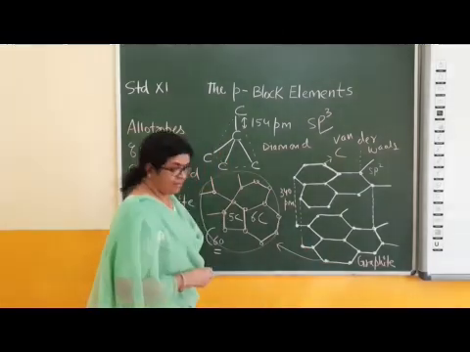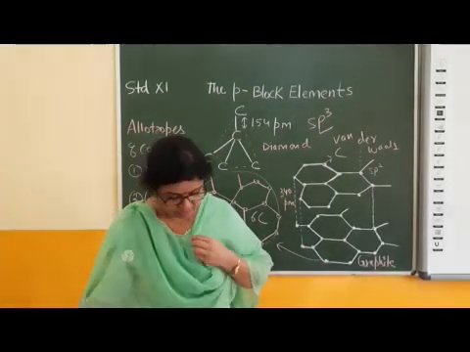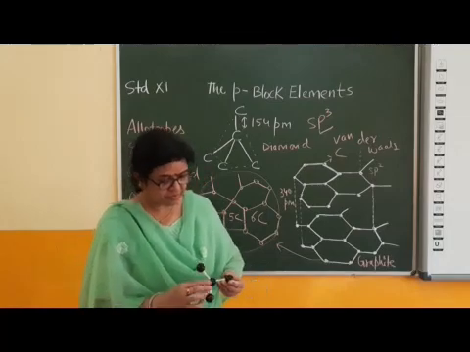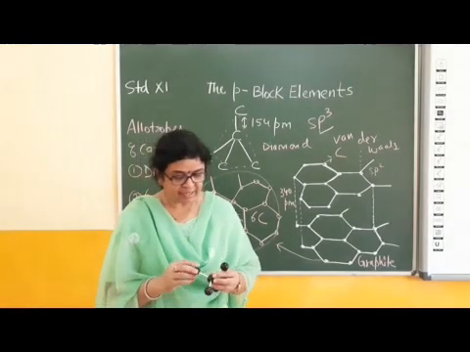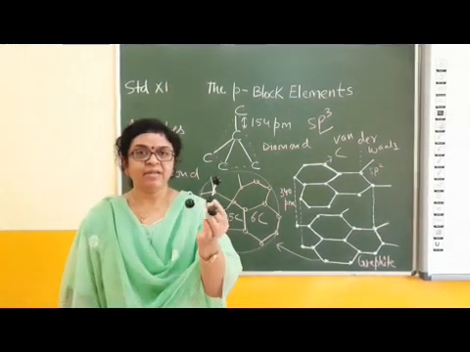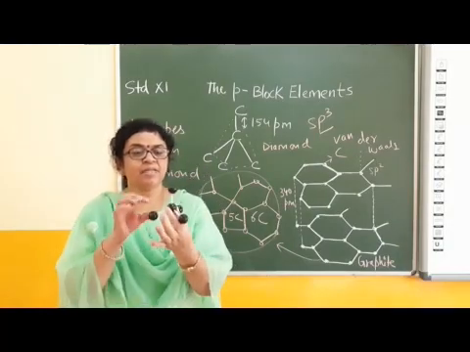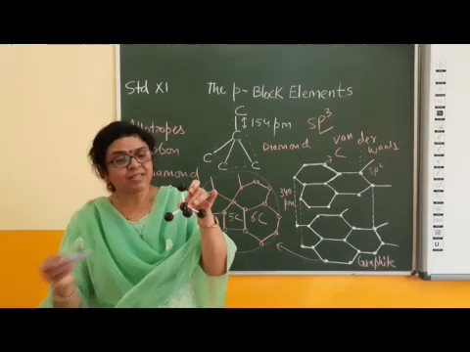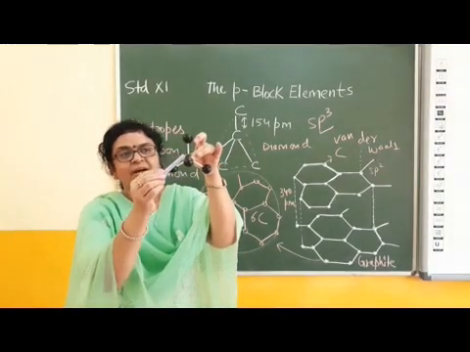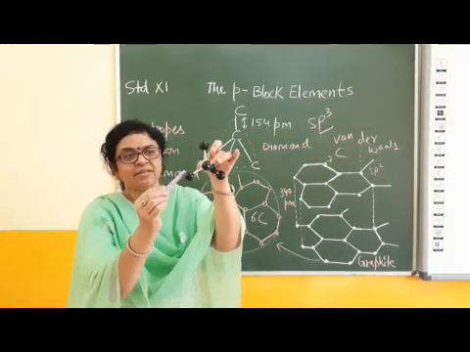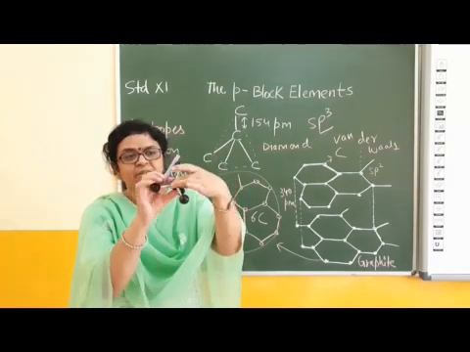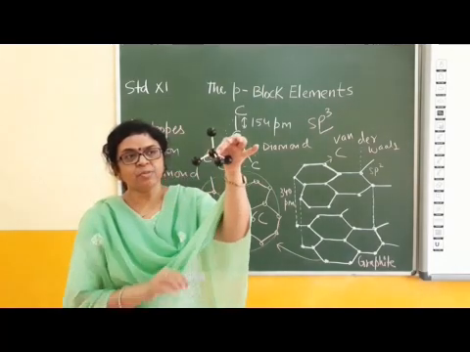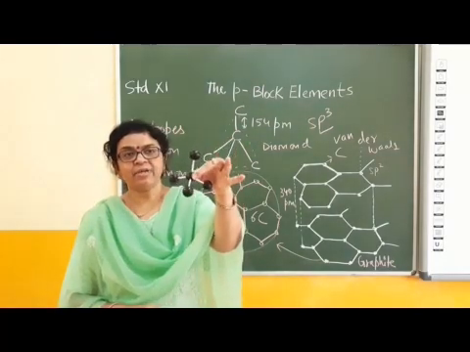Okay children, now I am showing you two models. One model is for the tetrahedral arrangement of carbon in diamond. This central atom is carbon. One carbon is attached with 4 other carbon atoms in tetrahedral manner.